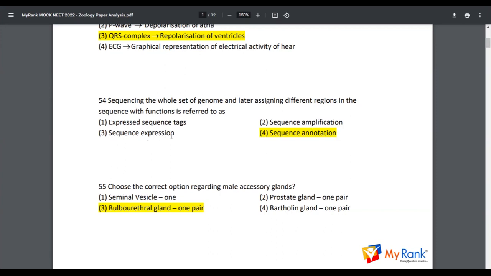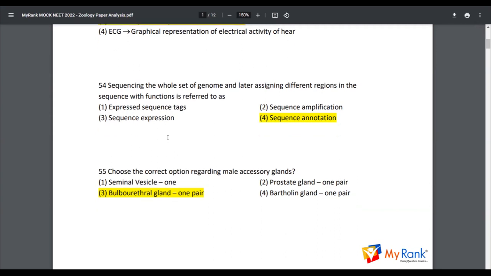Sequence expression: here we are concerned with what the gene sequence is resulting in, what is its resultant product. So that is also not the correct answer. But the simple sequencing and assigning its function is referred to as sequence annotation. So option 4 is the correct answer.